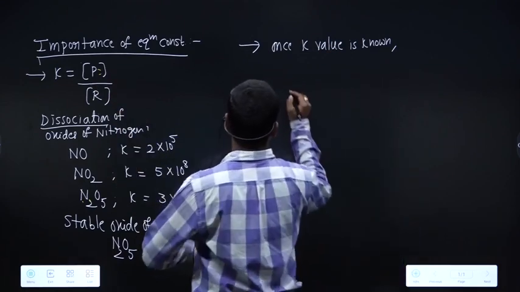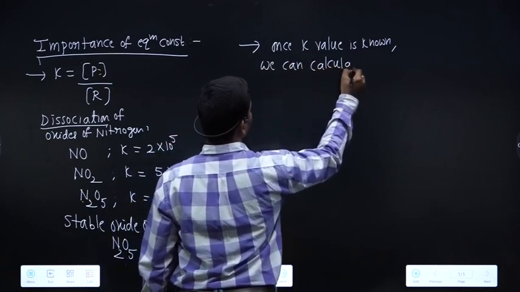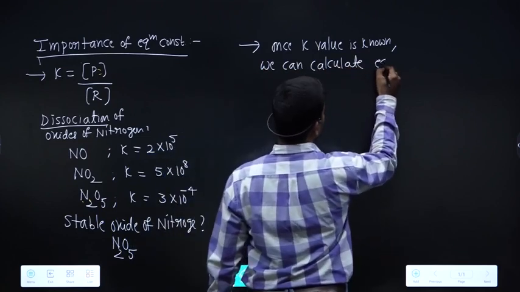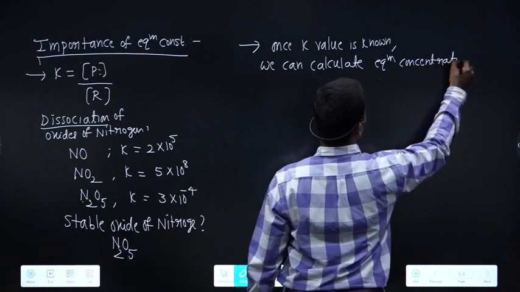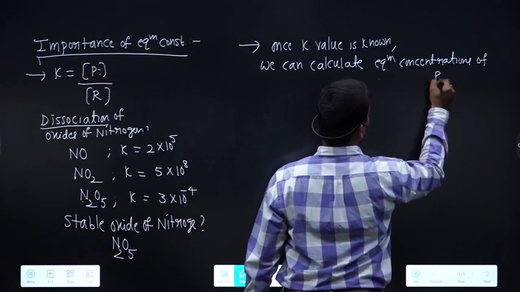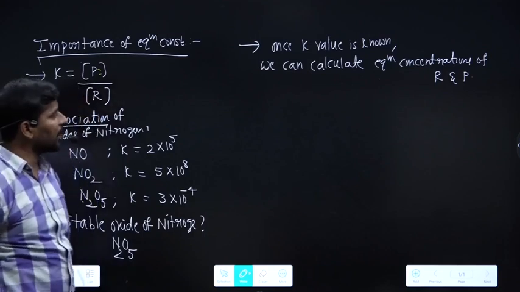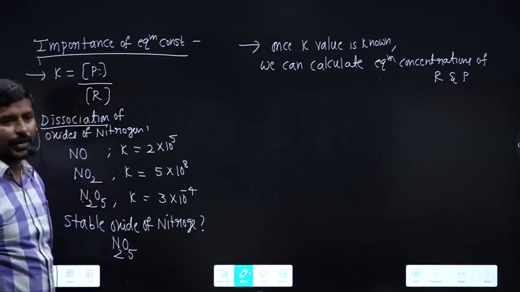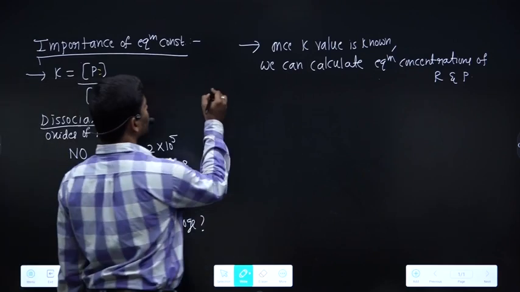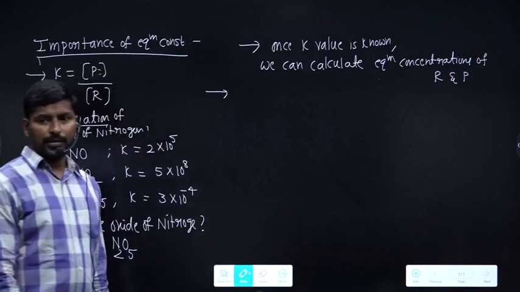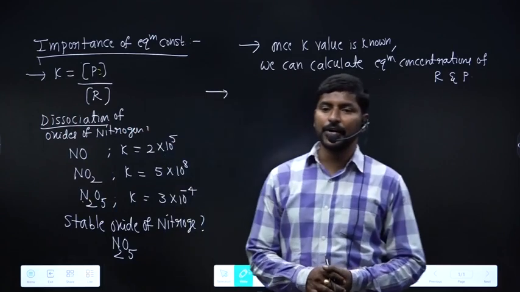Write that point. Once K value is known, we can calculate equilibrium concentrations of reactants and products. Next, one more application is by comparing K and Q. What is Q?